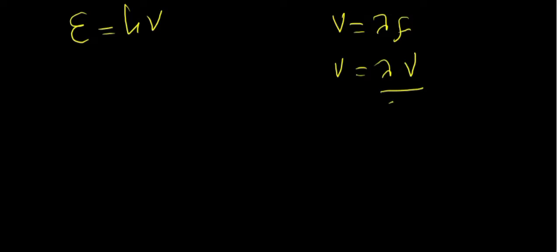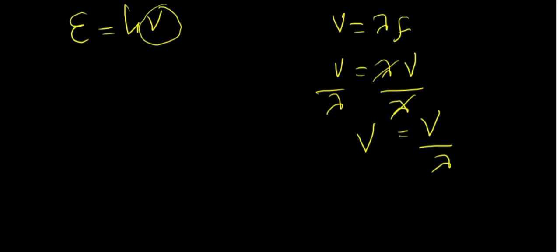So that will be over lambda, over lambda. Therefore, our frequency will be given by velocity over wavelength. So we can substitute where there is frequency, we put velocity over wavelength. So that is going to give us Planck's constant times velocity over wavelength.